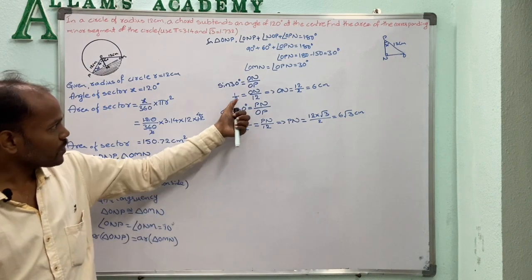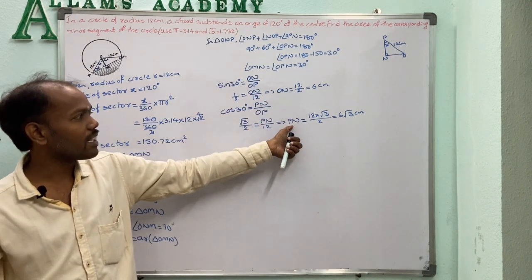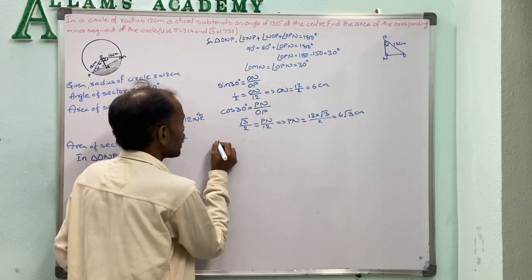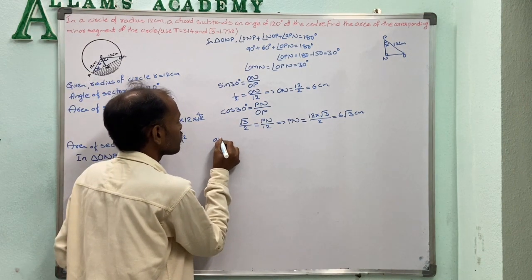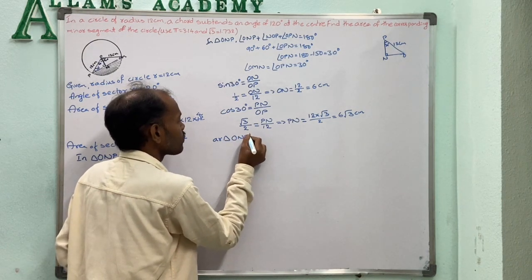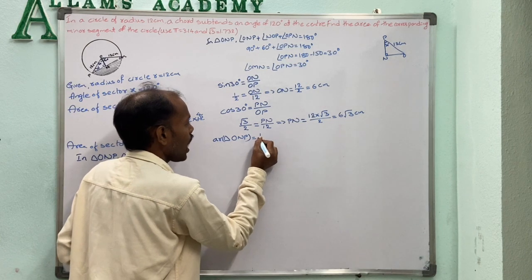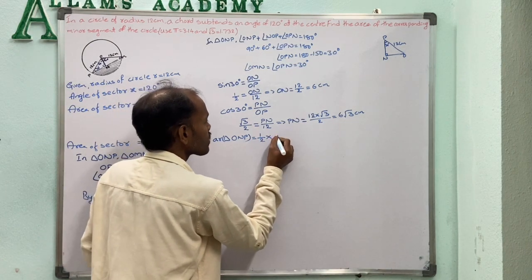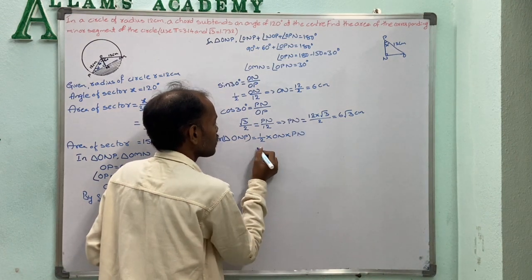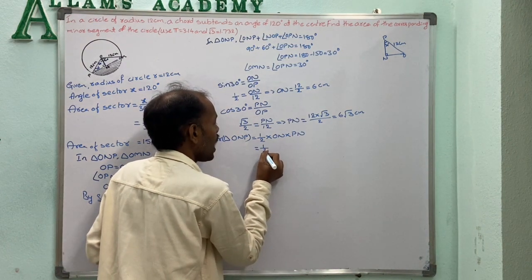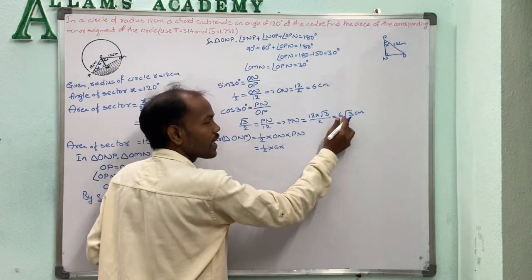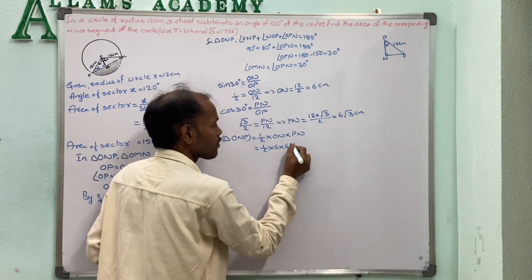Now we have found the base and height of the triangle. Now we find the area. So area of triangle ONP equals half into base ON into height PN. That equals half into ON is 6 and PN is 6 root 3.